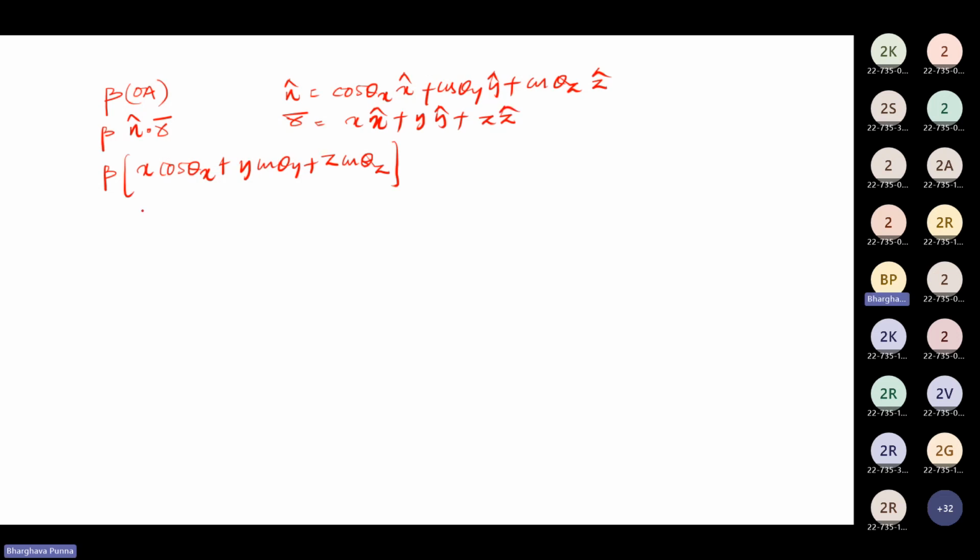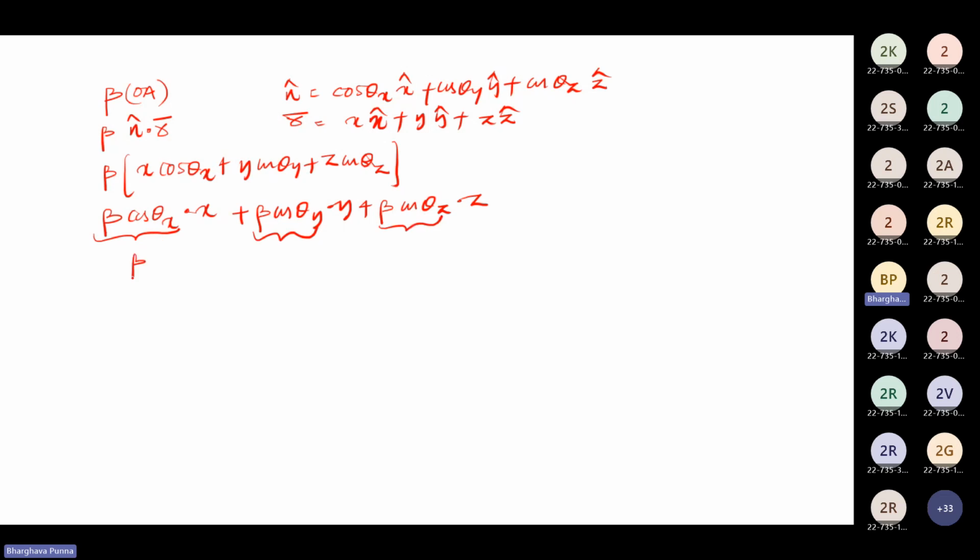Then you can see this particular equation in a different manner: beta times cos theta x into x plus beta times cos theta y into y plus beta times cos theta z into z. Now you treat this as one component, this as another component, this as another component.